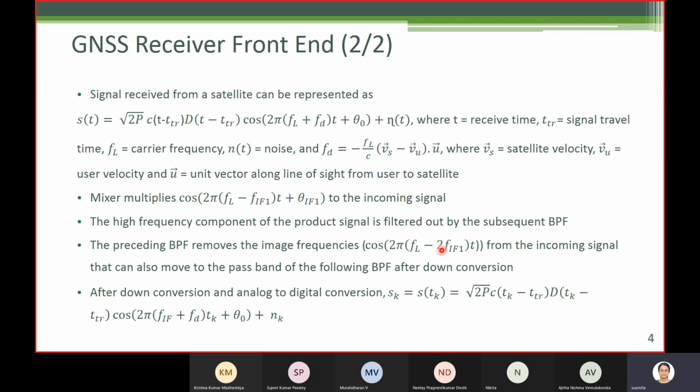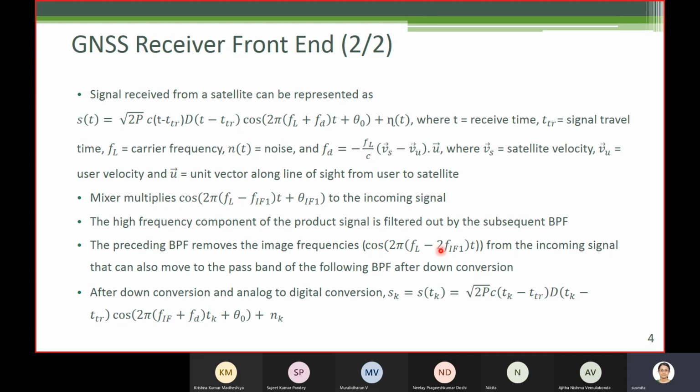So if we subtract this from this, we actually have in the low frequency component cos 2 pi minus FIF1. So minus 2FIF1 will come from the A term, and then we are subtracting B, so plus FIF1.